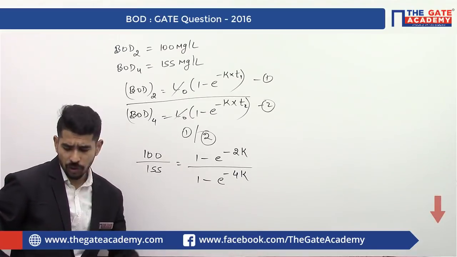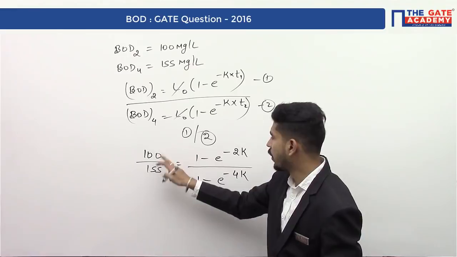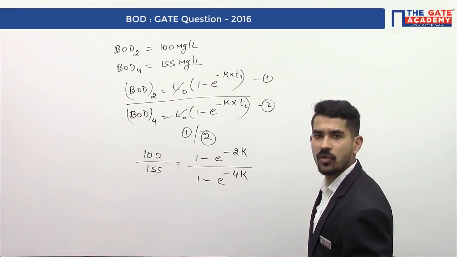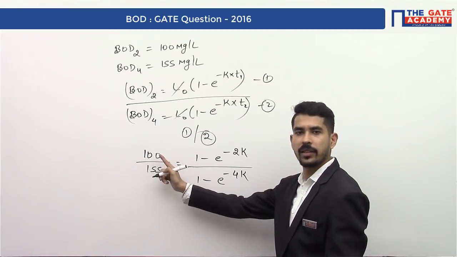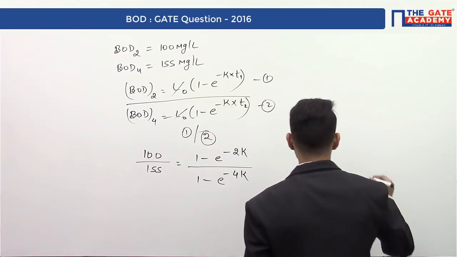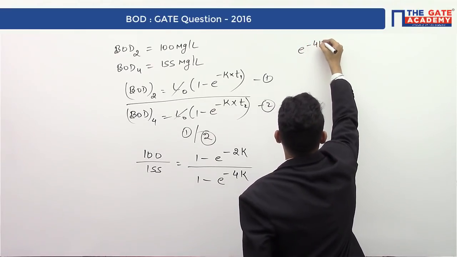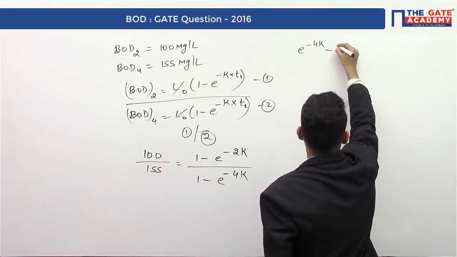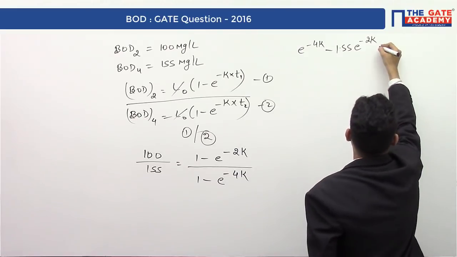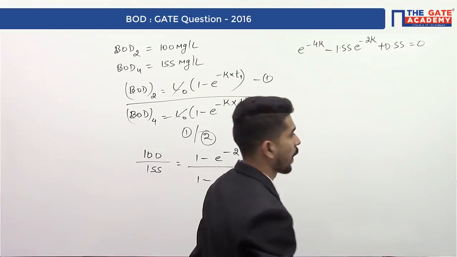So to solve this expression, we can frame equations like this. If I take 100 below this 155, it becomes 1.55, and then just simply cross multiply. When you cross multiply and rearrange this equation, you will get e to the power minus 4k minus 1.55 e to the power minus 2k plus 0.55 equal to 0, right?